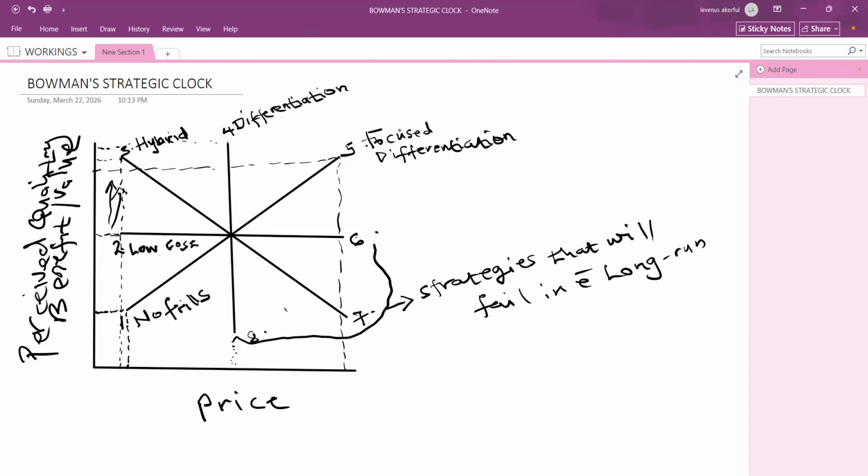Now, let's take an example. You look at the Ghanaian market, and then you produce chicken for men over 40 years, which can prevent prostate cancer. Chicken for men over 40 years, which can prevent prostate cancer.